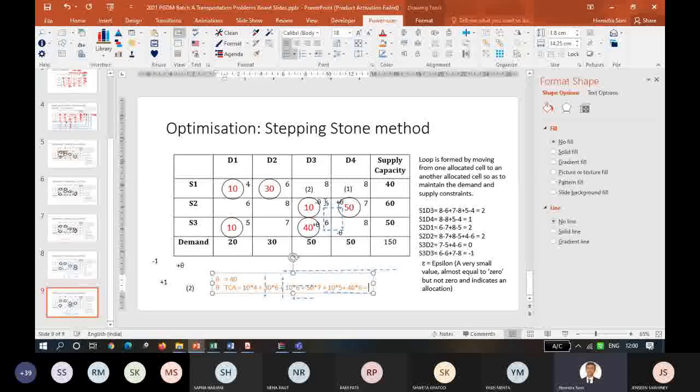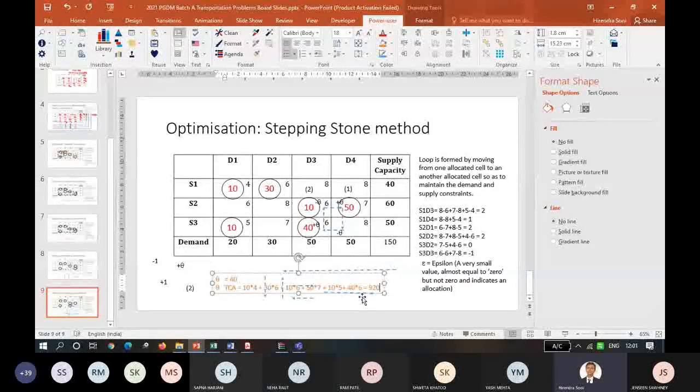What is the total cost of allocation? So 920. 920. 920.